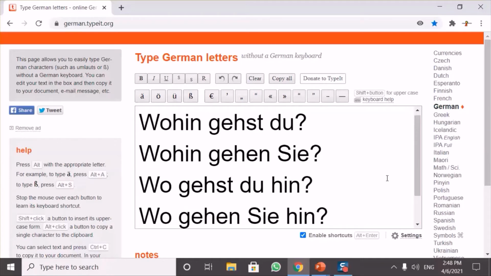The only difference is that hin has been separated from wo and is coming at the end of the question. So these are the four possible ways of asking someone informally or formally where he or she is going to.